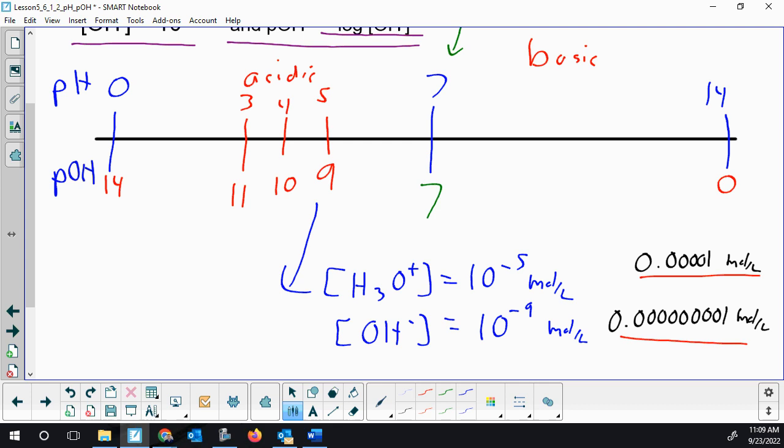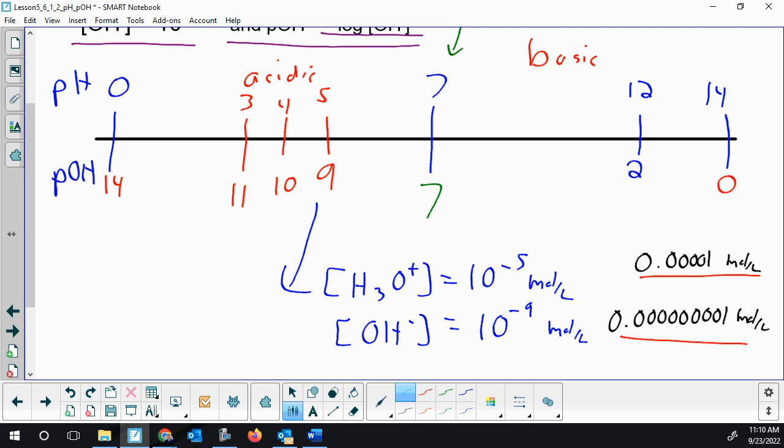So we've got a fair number of equations. I just want to summarize them all, and then you need a bit of time to practice these. It's probably worth me throwing in a few basic circumstances, maybe just one. So something basic on the pH scale might be 12, but on the pOH scale, highly basic things are very low. So pOH of 2 corresponds to a pH of 12.